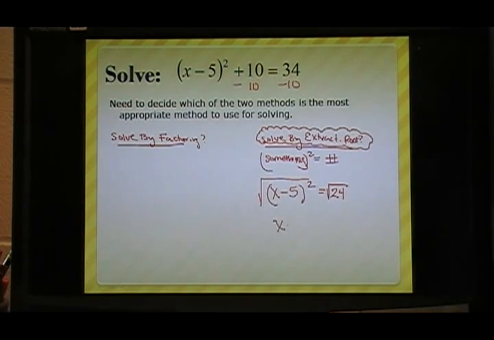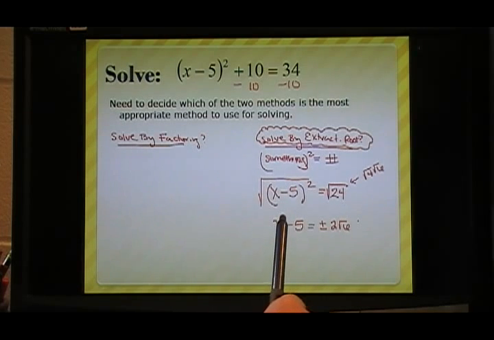So we have x minus 5 equals, don't forget you need both the positive and negative root. 24 is divisible by 4, the perfect square 4. So I would break this into the square root of 4 times the square root of 6, which is 2 root 6.